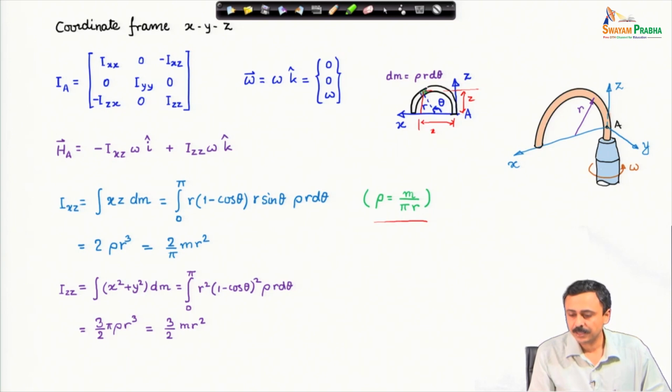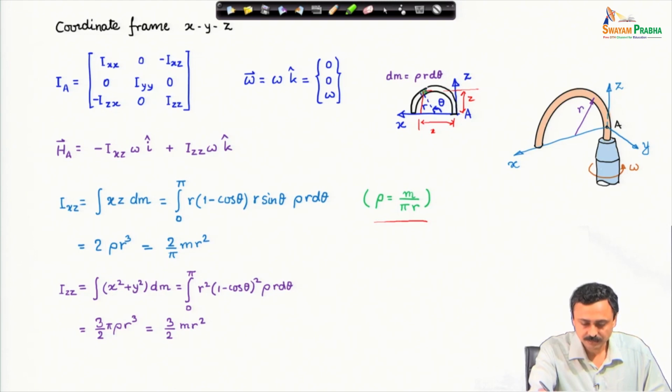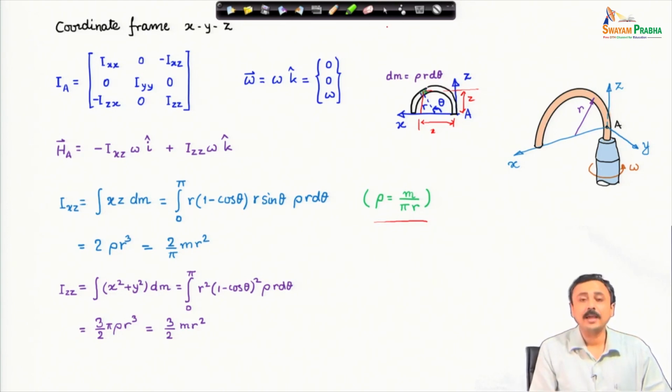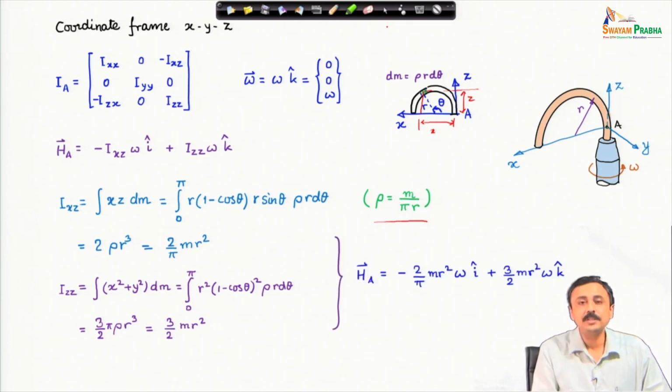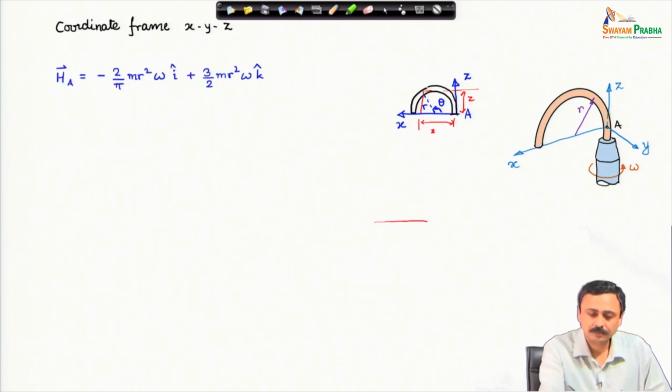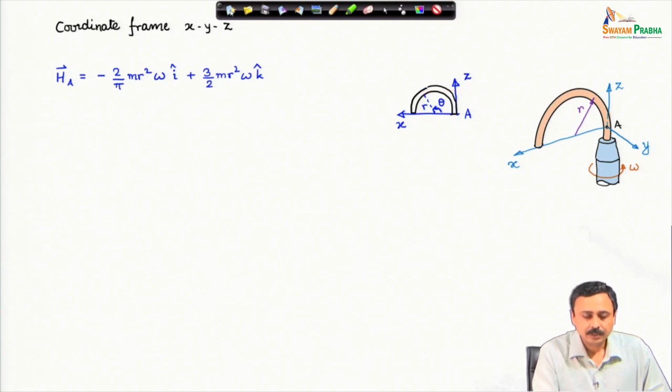This is the I z z expression. I substitute these expressions in the angular momentum about A expression, and I get this as the angular momentum of the ring or the semicircular rod about A. So, this is our angular momentum.